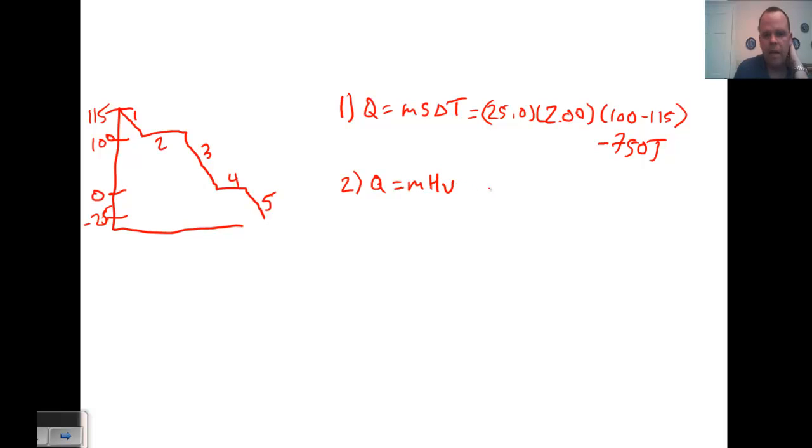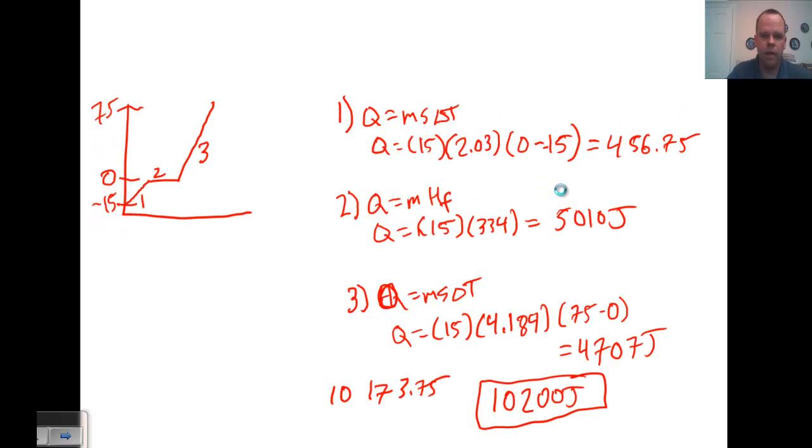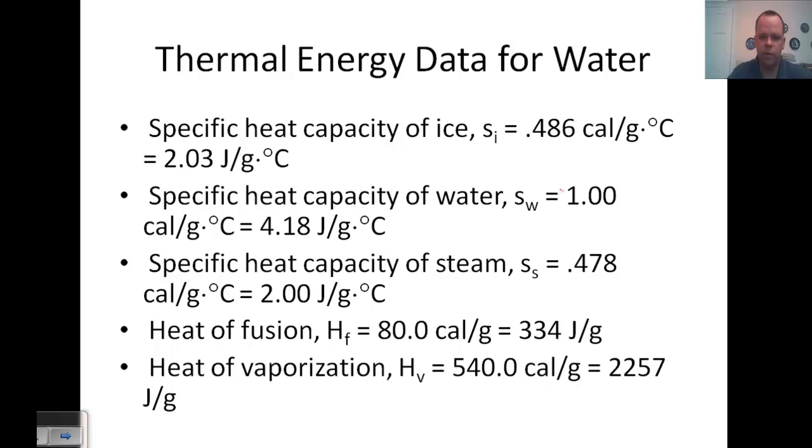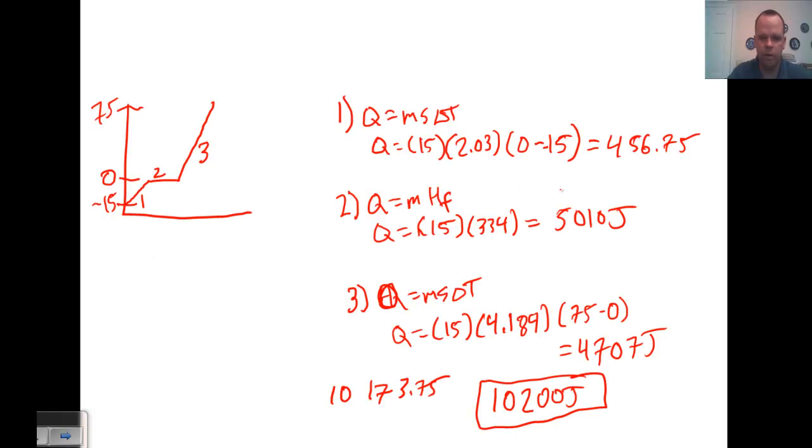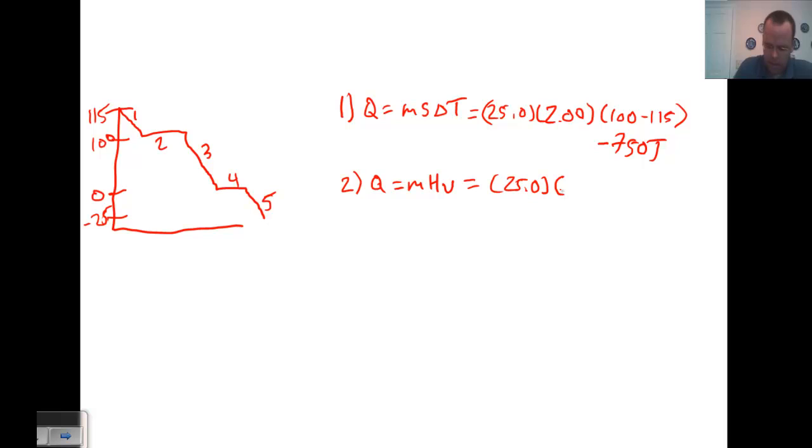Now we're going to do mHV, since it's going from gas to liquid. In this case, the heat of vaporization is 2,257 joules per gram. And it's being lost, so I'm going to make that negative. Which comes out to 56,425 joules.